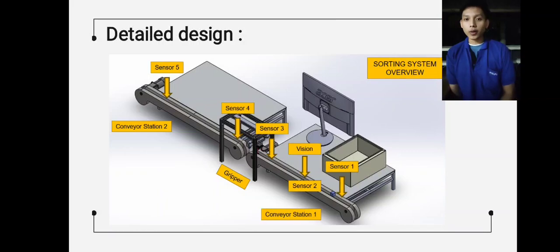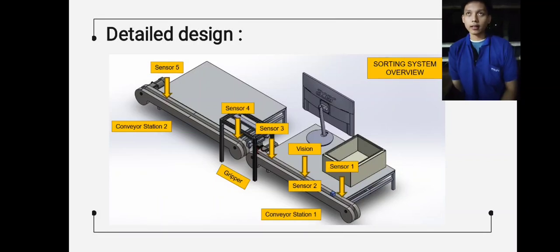Between table 1 and table 2 there is a mechanical part, a gripper to grip and transfer the object. At table 2 there is sensor 4 to detect the good object, and if a good object is detected, conveyor 2 will be on.